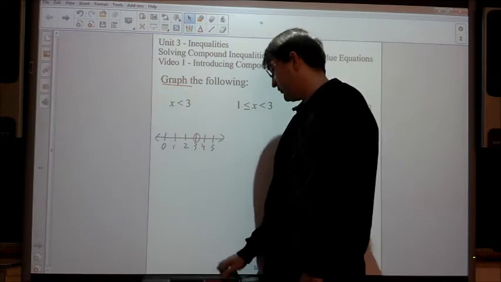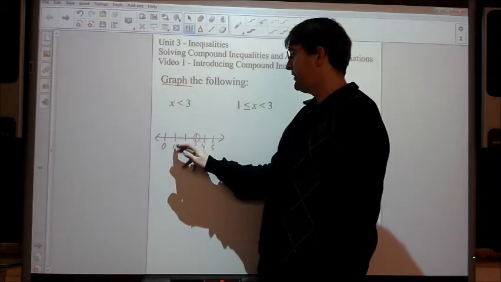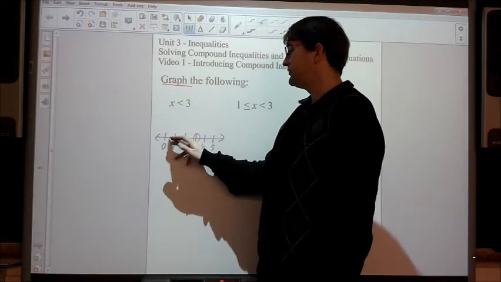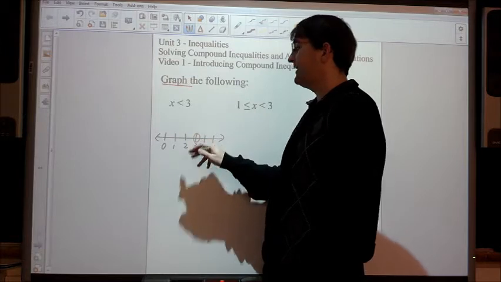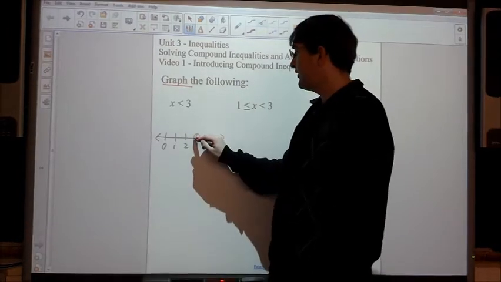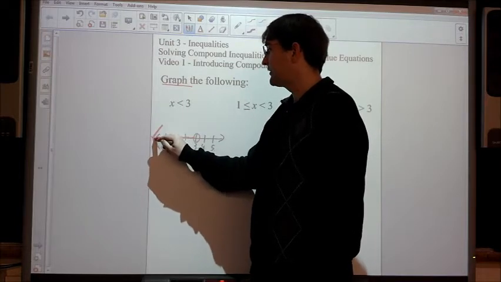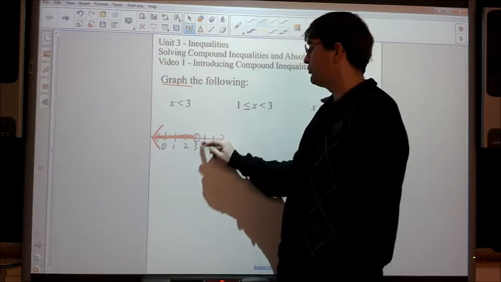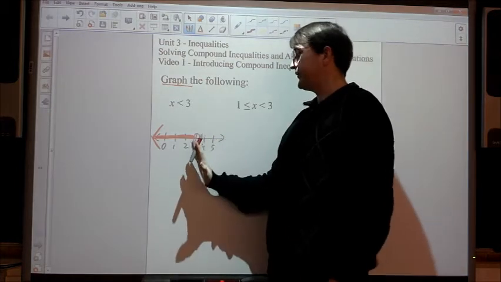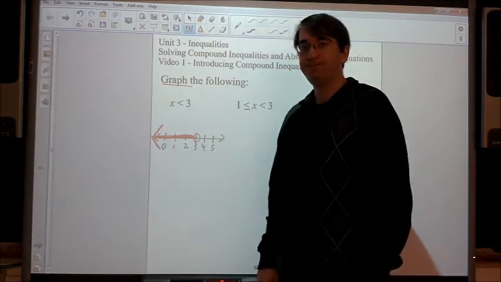And then we say, well, again, 4 is not less than 3, 5 is not less than 3, but 2, 1, and 0 are, and so is 0.5, and 1.2, and 2.9, and all those other decimals. And so I show that I'm going off to the left here, off the edge, and continuing on. And so this is my graph of x is less than 3. I have an open circle on the 3 to show that 3 is the edge, but I'm not including it, and then an arrow to the left.